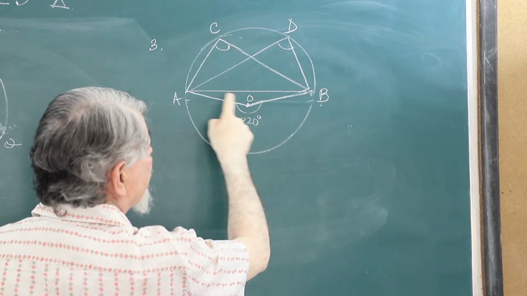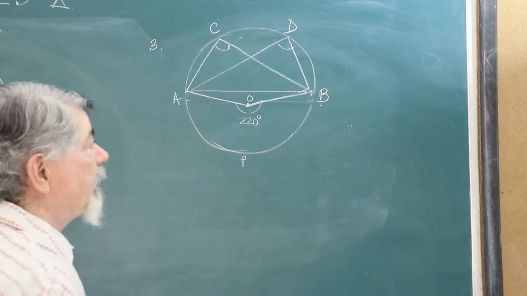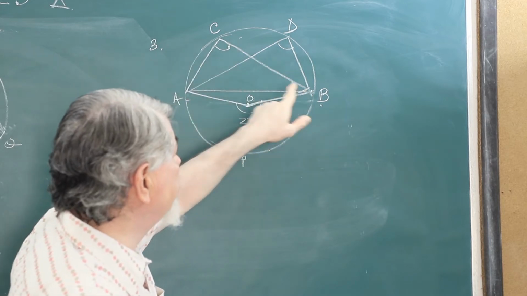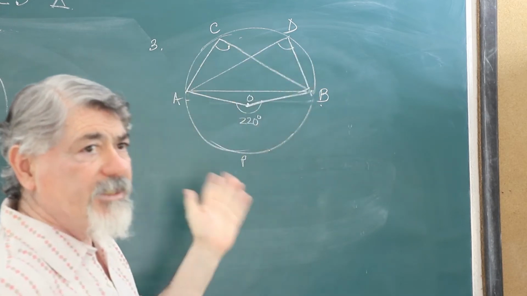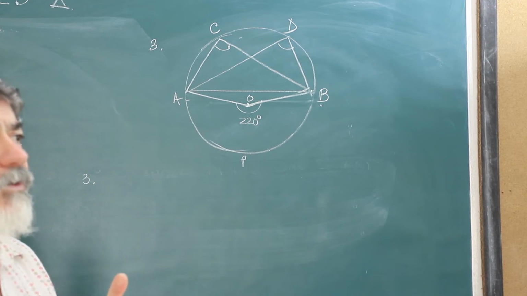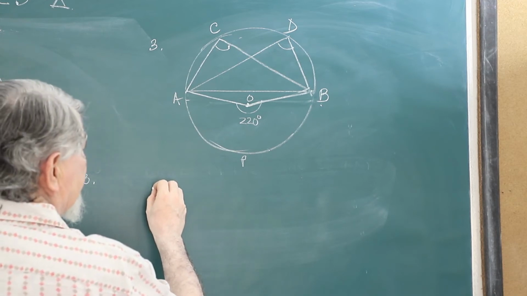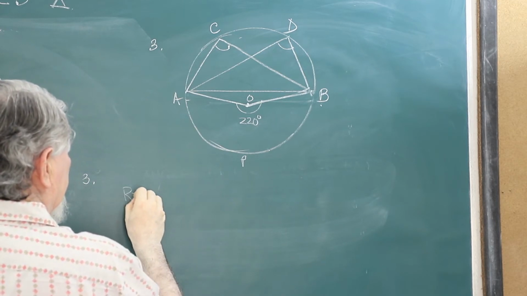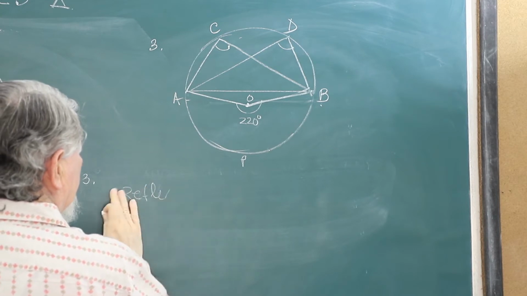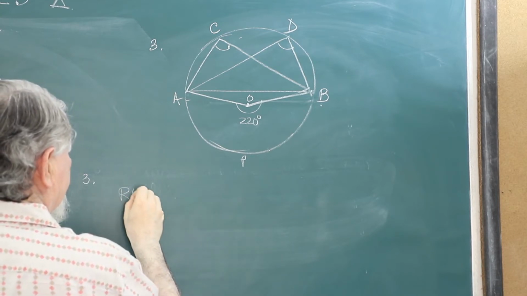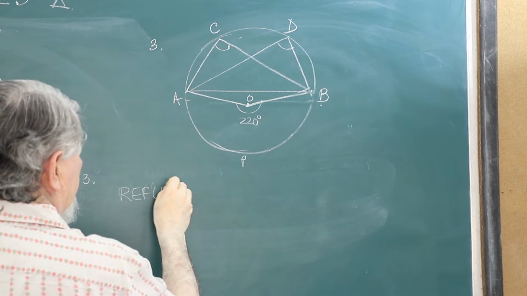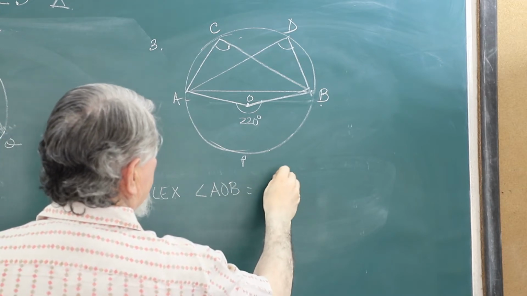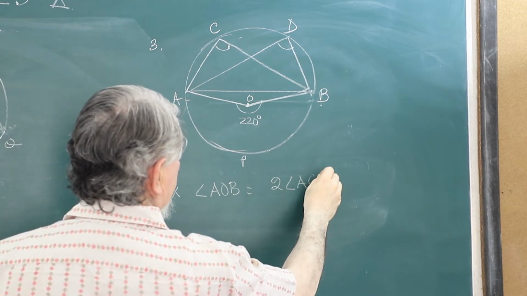This reflex angle AOB is given 220. I have to calculate the value of ACB and ADB. I know ACB and ADB will be equal. So if I could calculate the value of angle ACB: reflex angle AOB is double of angle ACB.